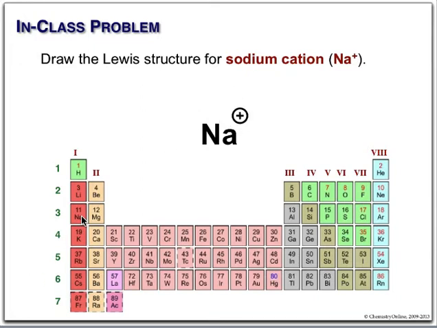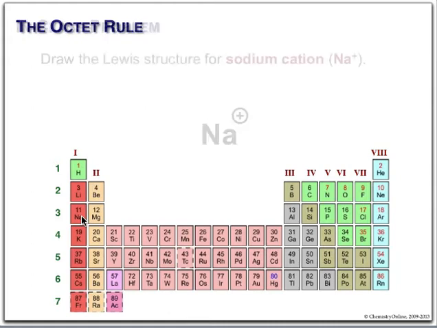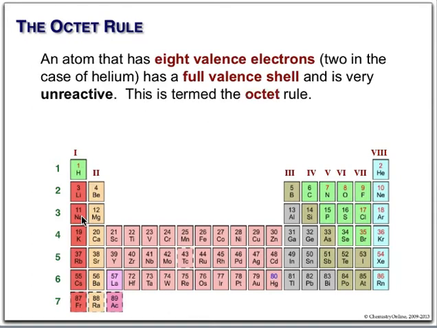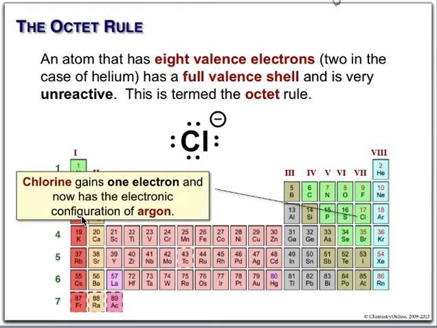Now let's think what we've done in all these cases. What we've done is to take our atom and we've added or subtracted electrons until we reach the configuration of one of the inert gases. This is called the octet rule. For chlorine, we started in group 7, we added 1 electron, and that gave us the configuration of argon.